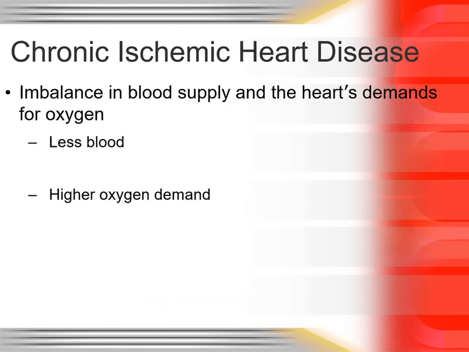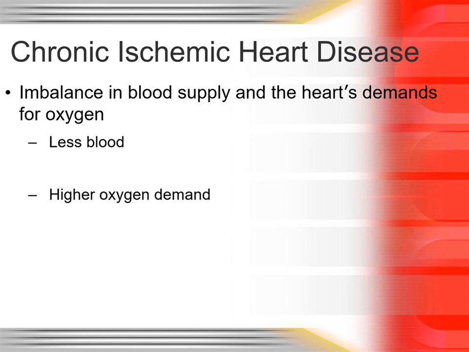So let's talk a little bit about chronic ischemic heart disease. So basically with chronic ischemic heart disease, you have ischemia in the heart tissue where there's an inability of the arteries to supply enough blood and oxygen to meet the demands of the heart.